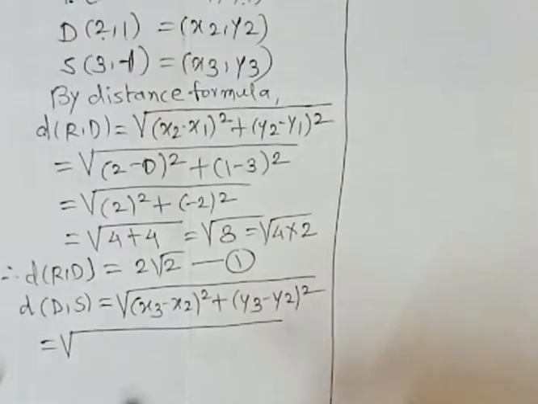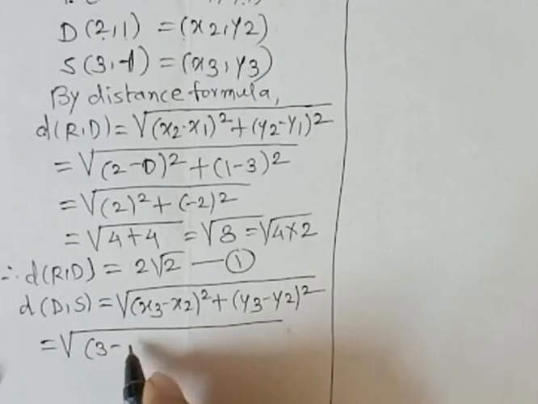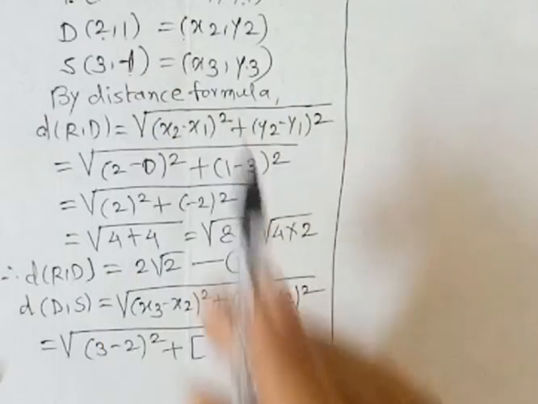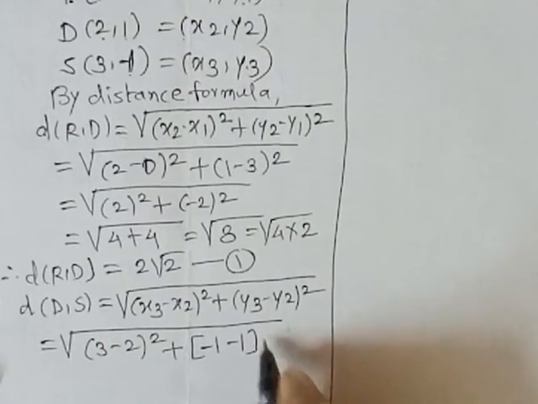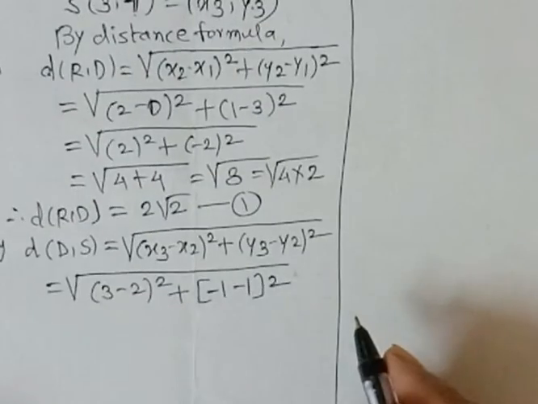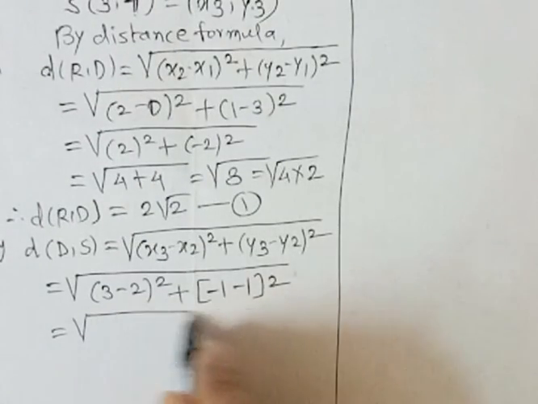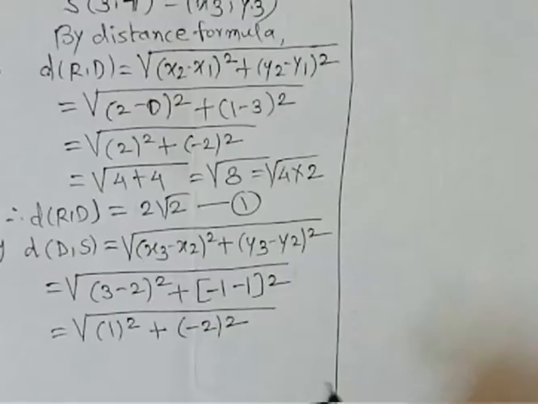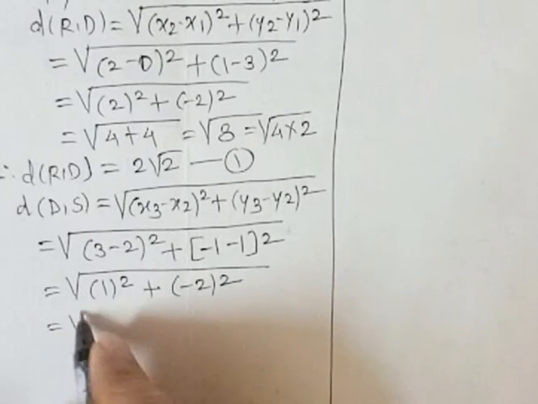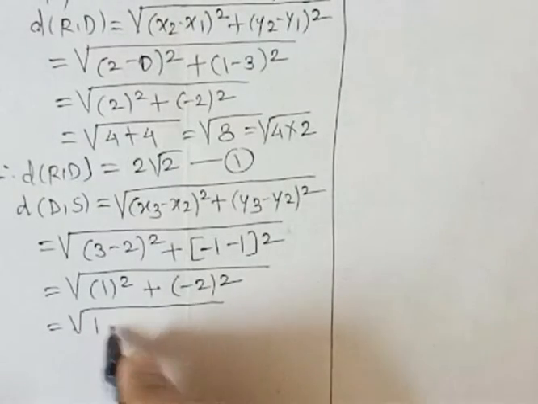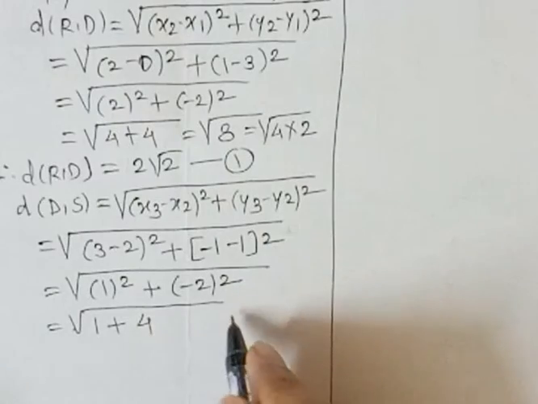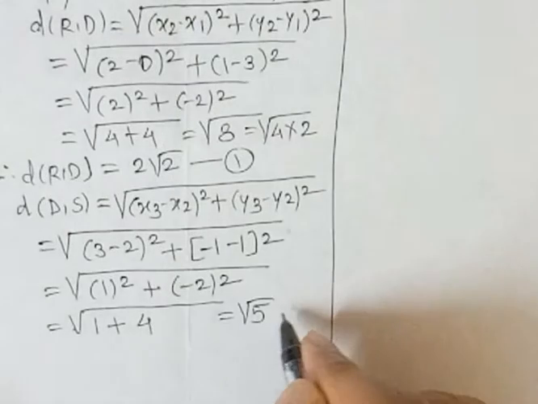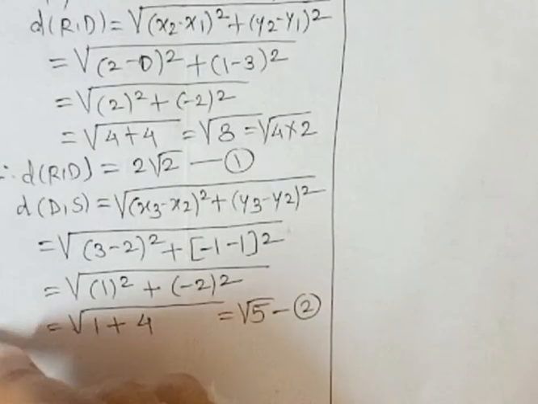See here, x3 is 3 minus 2 to the whole square plus see here, y3 is minus 1 minus 1 to the whole square. Now 3 minus 2 is 1 square plus minus 1 minus 1 is minus 2 square. This is equal to under root 1 square is 1, minus 2 square is 4, and 1 plus 4 is root 5. This is equation number 2.